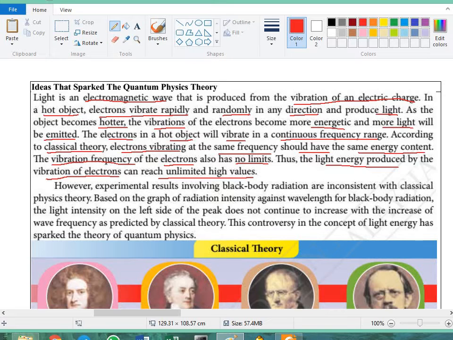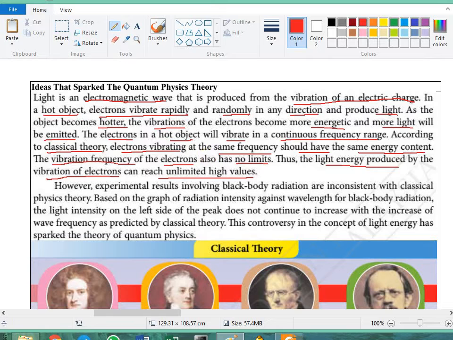Why? Because the frequency also can go as high as possible. As the frequency goes higher and higher, it emits more and more energy. So this is not logical, because if like that, then the amount of energy that can be released by the hot object will go to infinity.